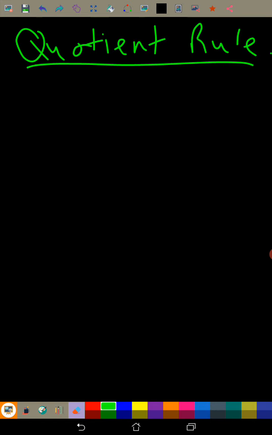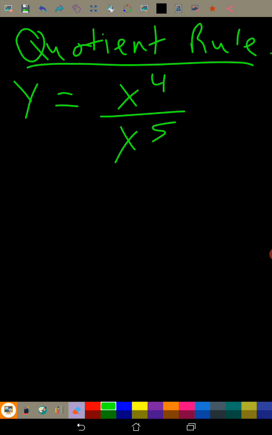And now we're going to do the quotient rule. Quotient rule is when we are dividing. So we'll have an example just like what we had before. Let's say we cannot do this. Normally we can just say it's x to the power minus 1 here because we put this up.